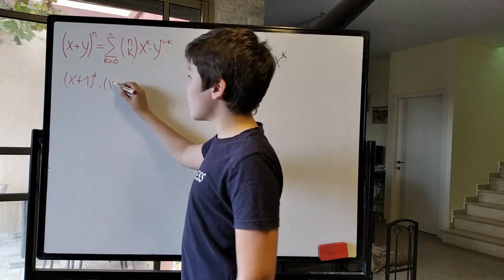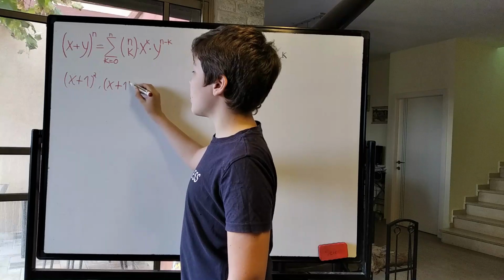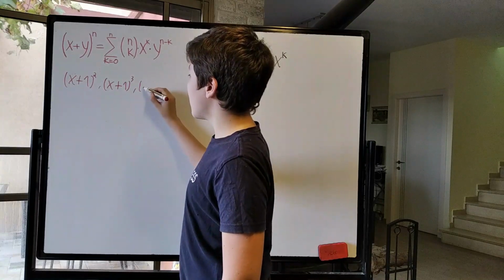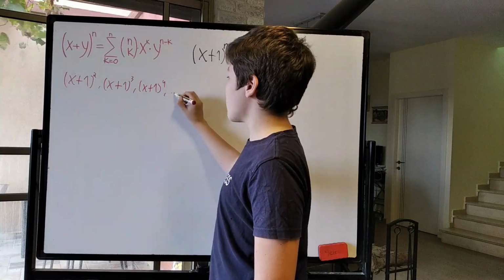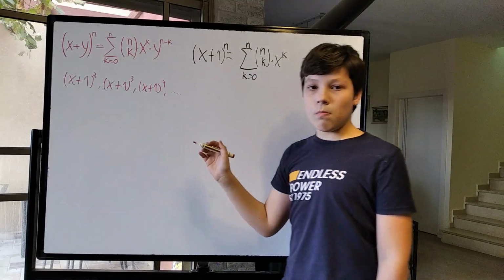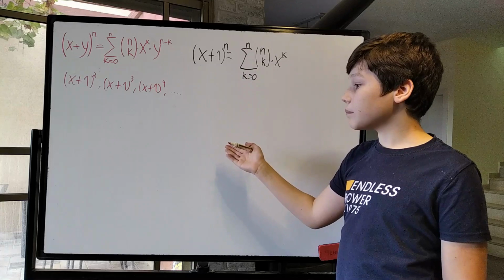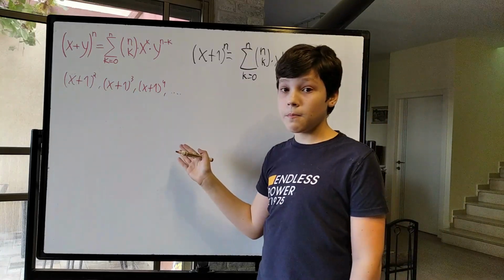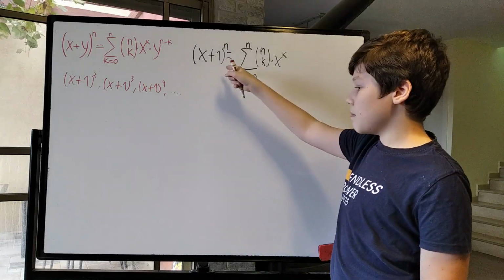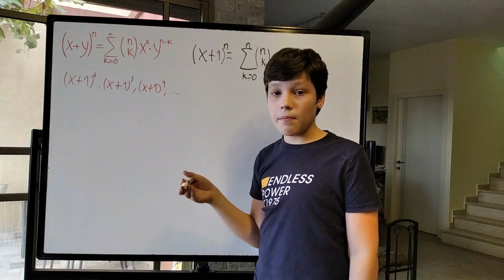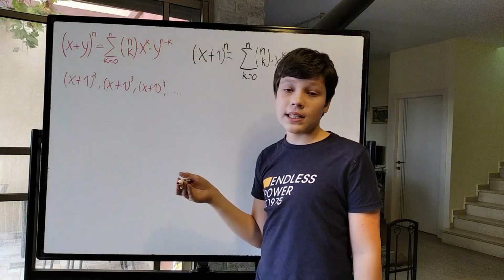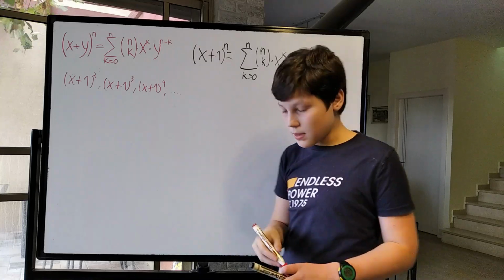Then n equals 3, we have (x + 1) cubed, (x + 1) to the 4th, and so on. This reminded me of a function. This is the function f(x) = (x + 1)^n. And if it's a function, let's take the derivative and see what happens.